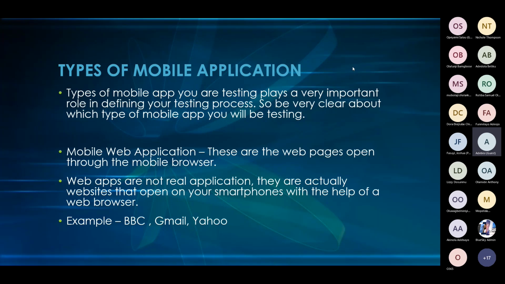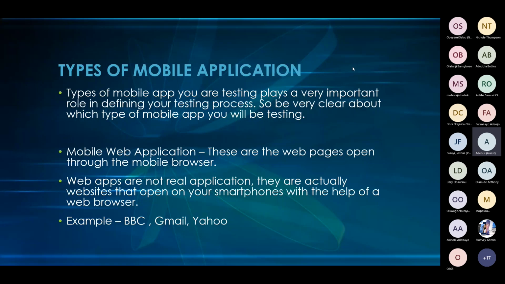It brings out the BBC website for you. You can either check your news, your weather, sports, whatever you want to look at. That is what we call a mobile web application, because you are using a URL to access the application.